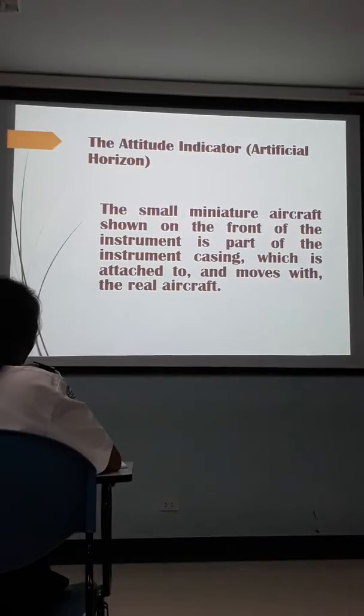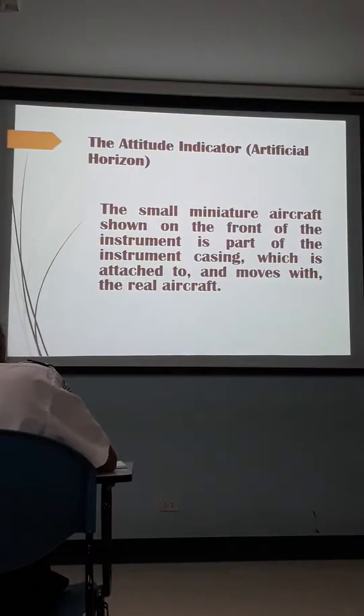Class, everyone show me. What is it? Bank and roll. What is the movement of bank and roll? Pitch. Yes, so these instruments will tell you whether the aircraft is rolling or pitching. The movement of an airplane, roll or pitch.